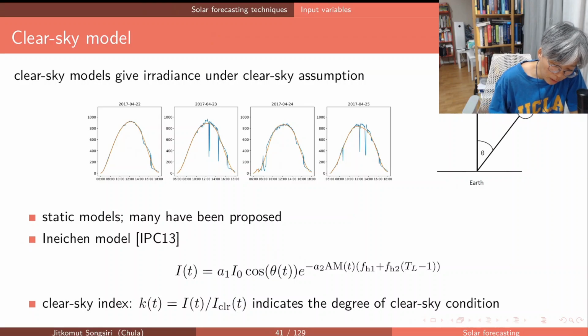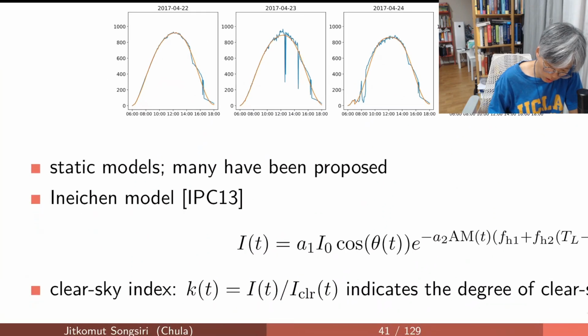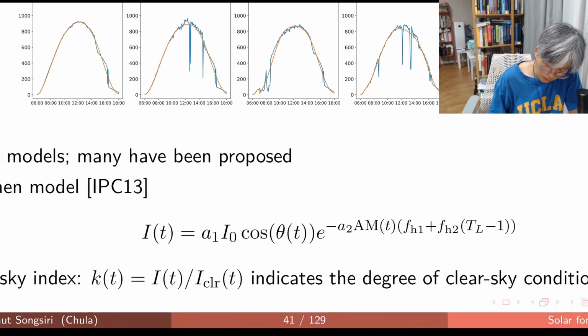A clear sky model is a mathematical model that explains the physics of solar irradiance under the clear sky assumption. In the literature, it has many versions proposed by many researchers. One that is very simple to read is from this paper.